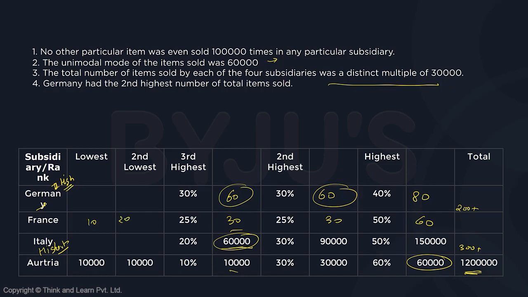Or I can go beyond this also. I can make it as 30, 30 also. In that case also it will be a multiple of 30,000 and more than 120 definitely. So this case looks possible, right? So 30, 30, 60 is possible, and in that one we have multiple cases.